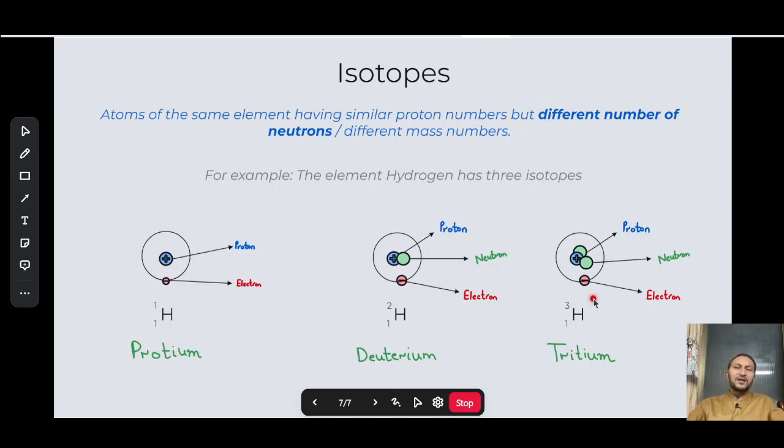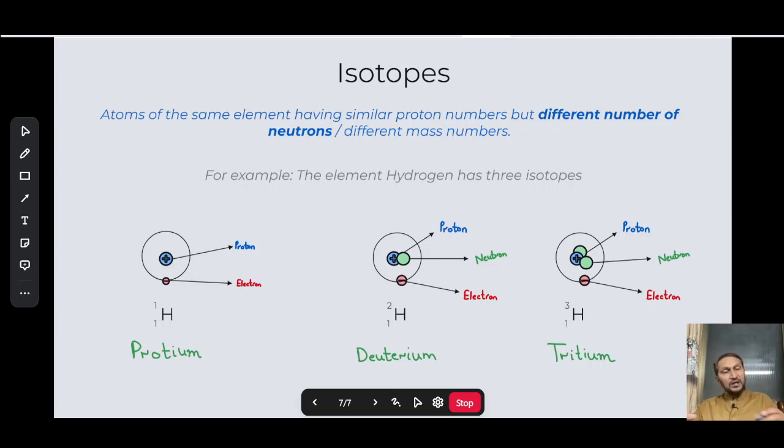Let me give you another example to understand the concept of isotopes. Let us say I am talking about a fruit, apple. Apple is one type of fruit, grapes are a different type of fruit, mango is another type of fruit. But there are different varieties of apples, for example a black one or a green one. Or take another fruit, grapes.